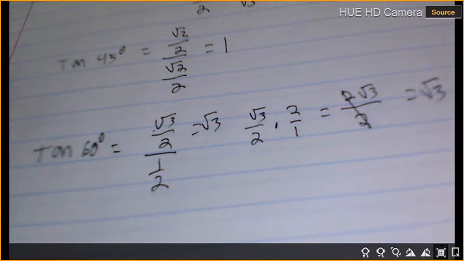Okay, so now I want to do a couple more just for practice where you have negatives in there. But before we do that, I would love it if you pull out your unit circle. And we're going to write these down so you don't have to solve it like this every single time.